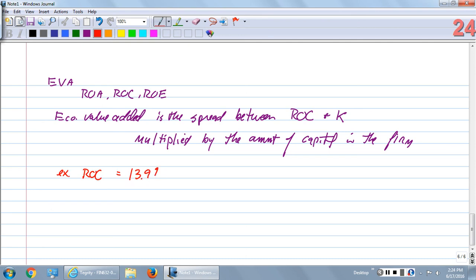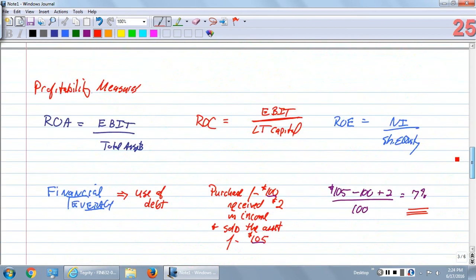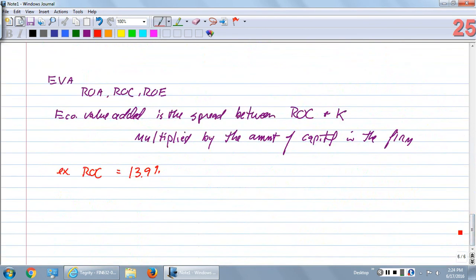So when you look at the return, right up here, ROC, return on capital, EBIT divided by all the long-term capital, the operating income relative to the long-term debt and the shareholders' equity, 13.9%. We were also told that the cost of capital, which is equal to K, was 7.8.